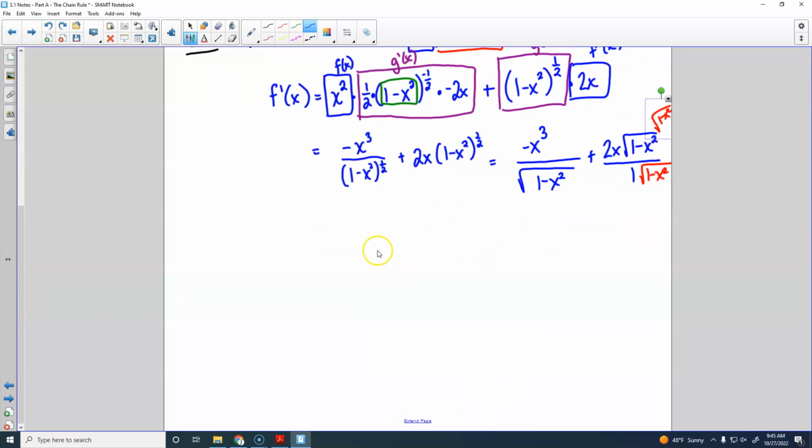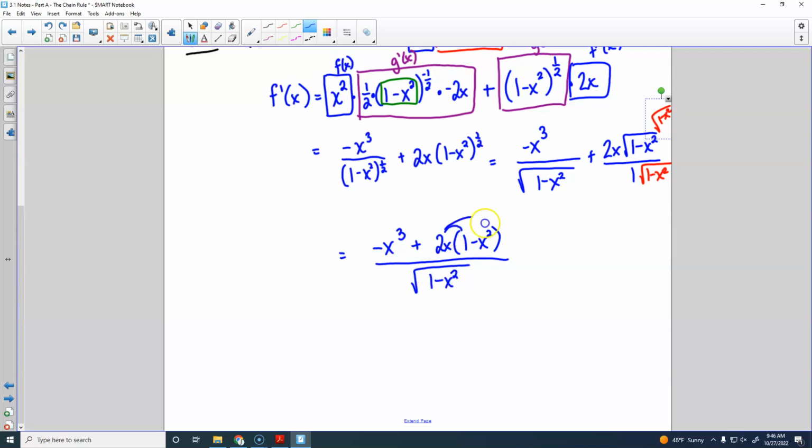Alright, so that's going to give us negative x to the third plus, what do I get when I multiply 2x square root of 1 minus x squared times square root of 1 minus x squared? 2x times 1 minus x squared. Right? When I multiply those two roots together that have the same thing underneath them, those roots are just going to cancel. And this is all over the square root of 1 minus x squared.